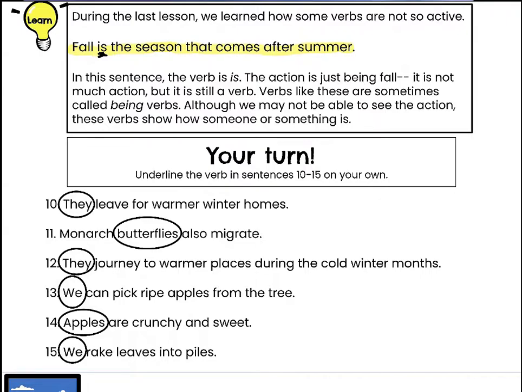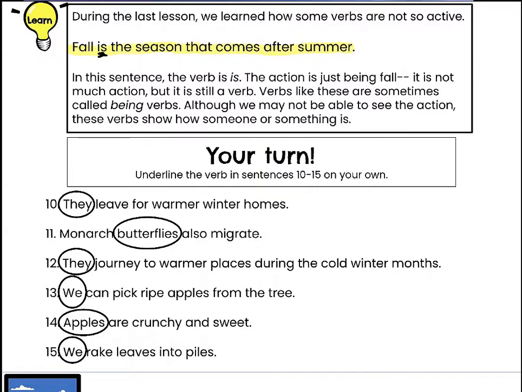Number 11, monarch butterflies also migrate. Number 12, they journey to warmer places during the cold winter months. Number 13, we can pick ripe apples from the tree. Number 14, apples are crunchy and sweet.